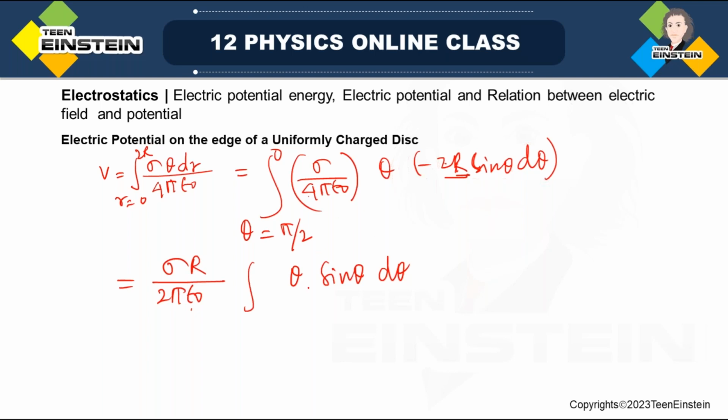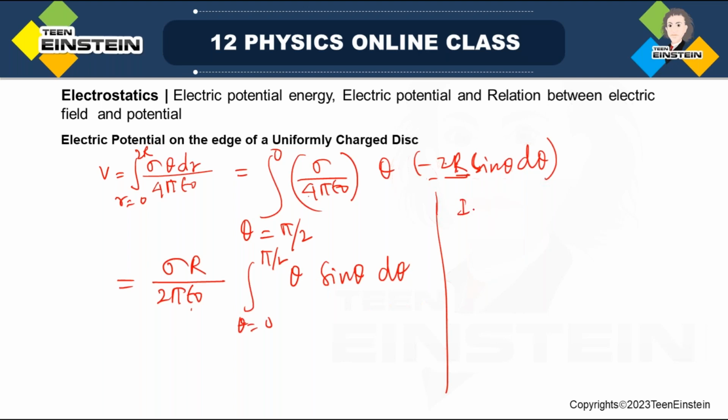Okay, now we just have to see there is a minus sign over here. If I interchange the limit, so theta is equal to 0 to pi by 2, then this will be plus. Now my problem is to solve this integration.